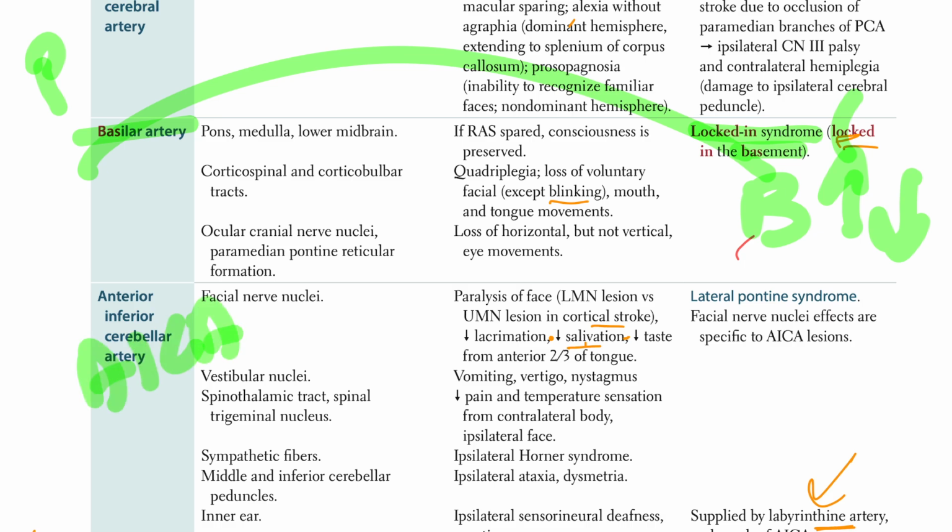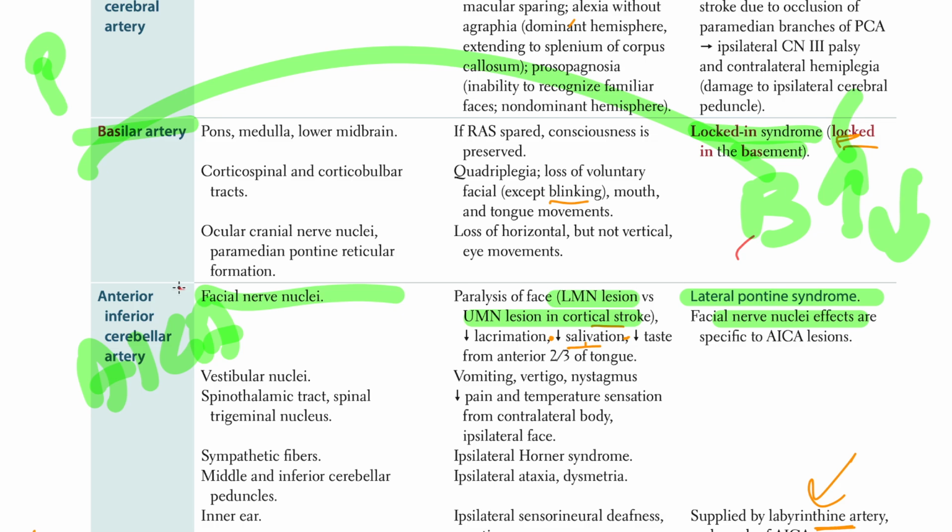ICA, on the other hand, you're looking at lateral pontine syndrome. In lateral pontine syndrome, the facial nerve nuclei are affected. For example, a lower motor neuron lesion versus an upper motor neuron lesion in the cortical stroke depends upon the location of the facial nerve nuclei being affected. So you've got to know the normal stuff.